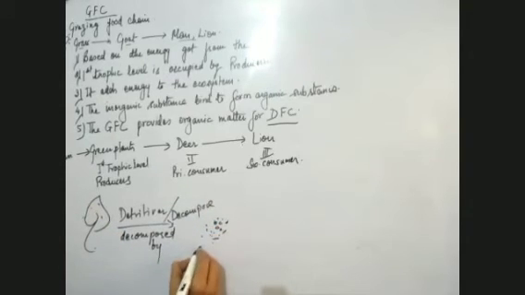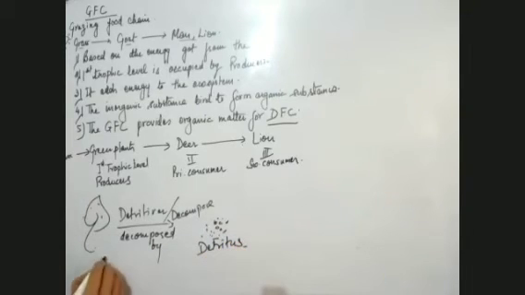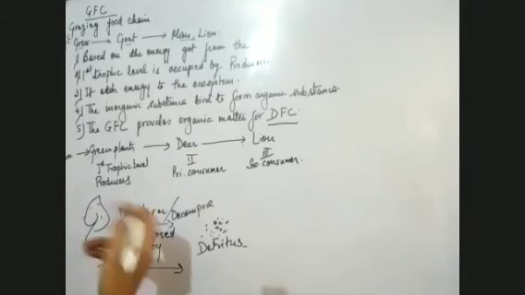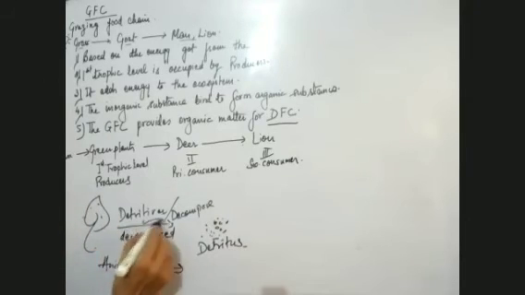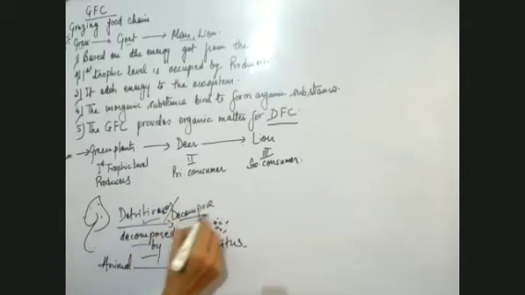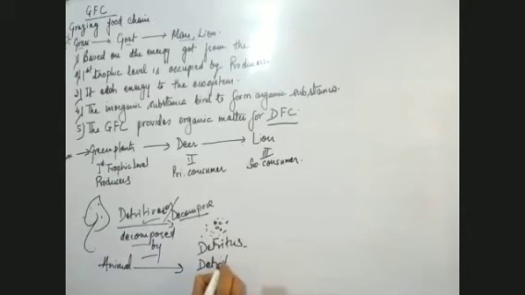And this we call detritus. Same way, when an animal dies, this is also broken down or decomposed by detritivores or decomposers and gets converted into detritus. Its body decomposes, breaks down into small fragments, and this also gets decomposed into detritus.